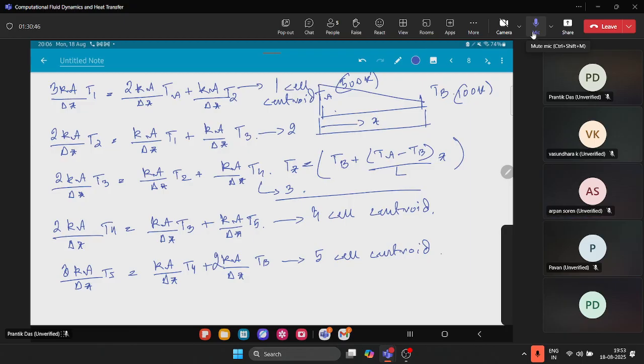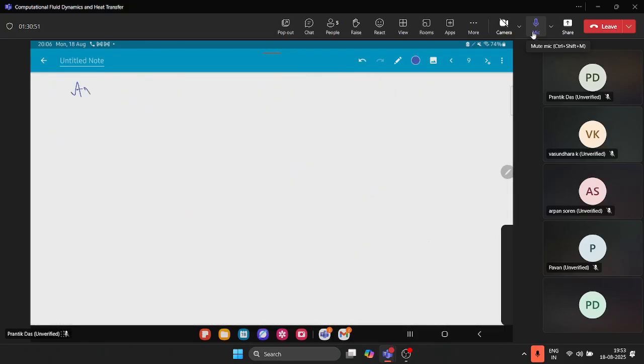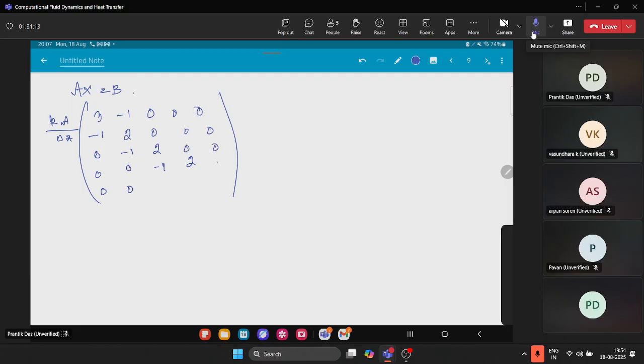Okay. So then what I have to do is basically convert this into a matrix format, which is basically Ax equal to B format. So now this becomes Ka by delta x, and this actually becomes the matrix 3 minus 1 0 0 0, minus 1 2 0 0 0, 0 minus 1 2 0 0, 0 0 minus 1 2 0, 0 0 0 minus 1 3, multiplied with T1 T2 T3 T4 T5.